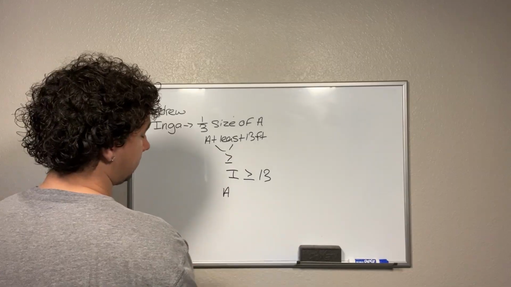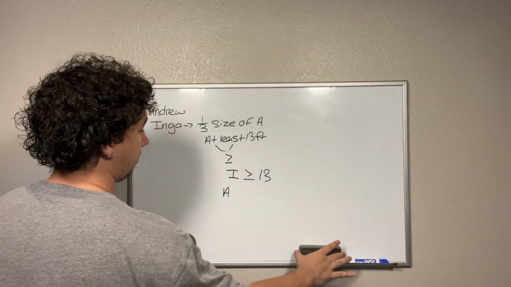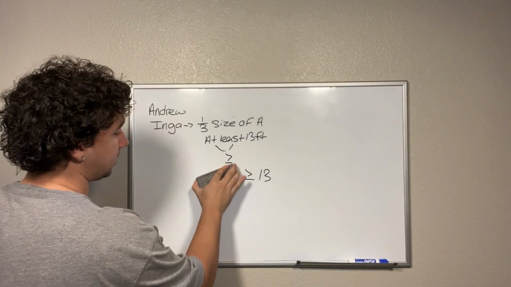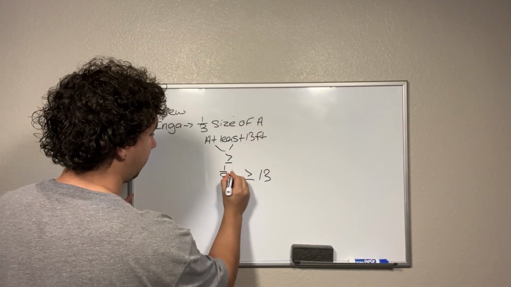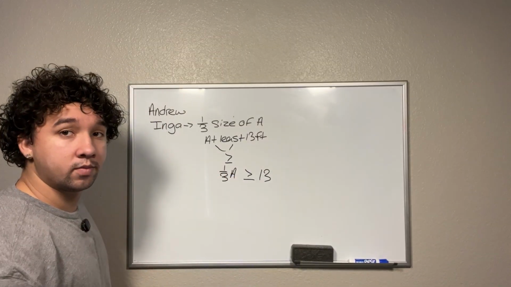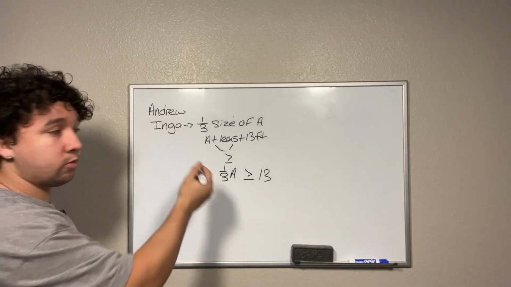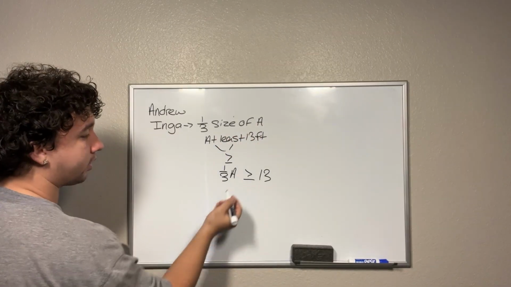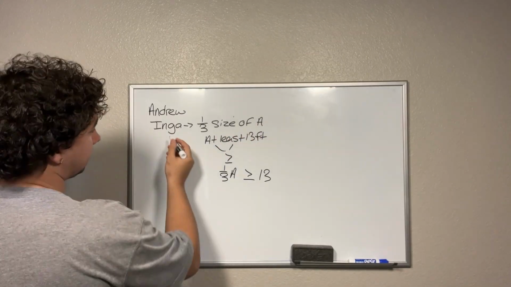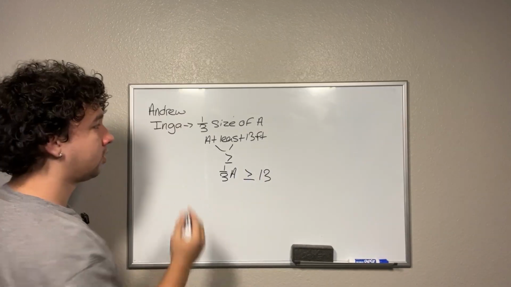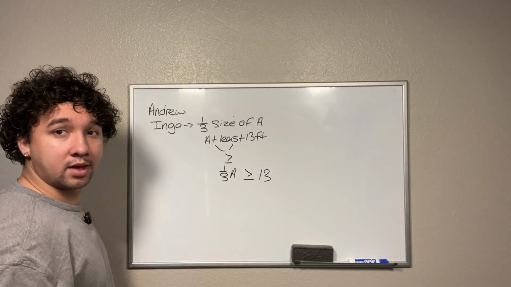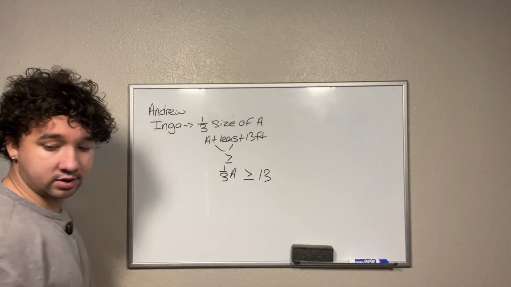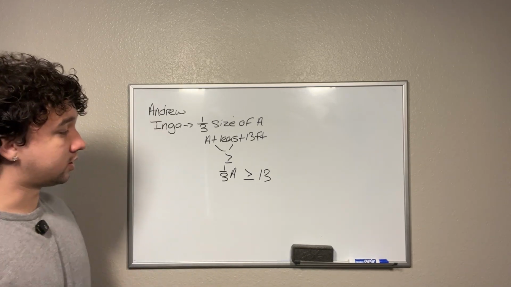So what I can do here is instead of putting Inga, I can replace this with 1/3 Andrew. Because Inga wants to be 1/3 the size of Andrew, right? And I had to incorporate this somehow. So in that case, instead of writing this in terms of Inga, let me just write it in terms of Andrew. And Inga and 1/3 Andrew are the same thing. So 1/3 Andrew is greater than or equal to 13.